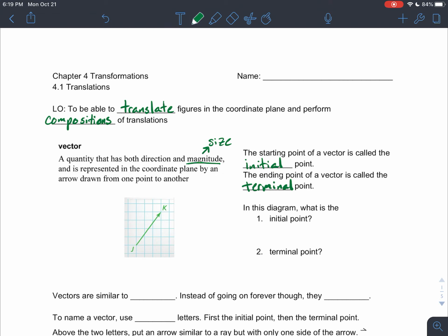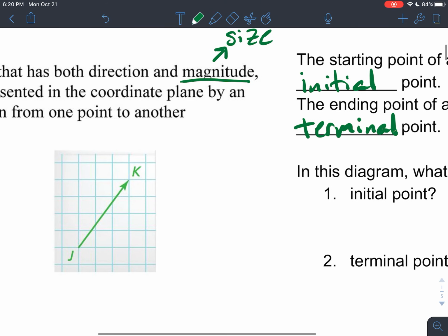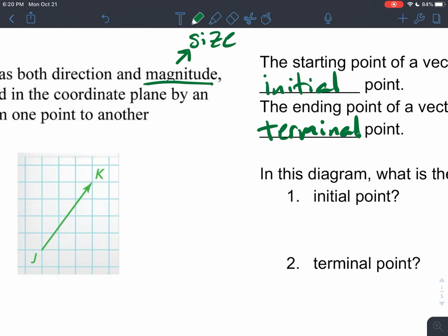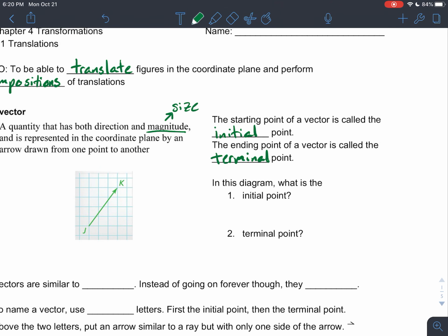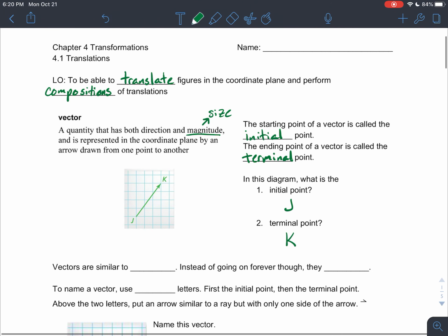So in this diagram, if you look at this little picture here to the left, the vector goes from J to K. So J is the initial point and K is the terminal point. It starts at J, ends at K, because direction matters. Vectors are similar to rays. Instead of going on forever, though, they stop.